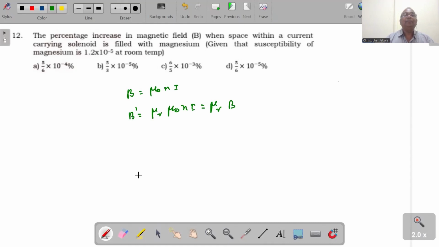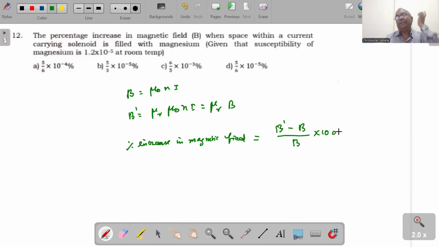What is asked? Percentage increase. Actually, this is an increased value than this one. The percentage increase in magnetic field is nothing but final magnetic field minus initial magnetic field, by initial magnetic field, into 100. That is the percentage increase.